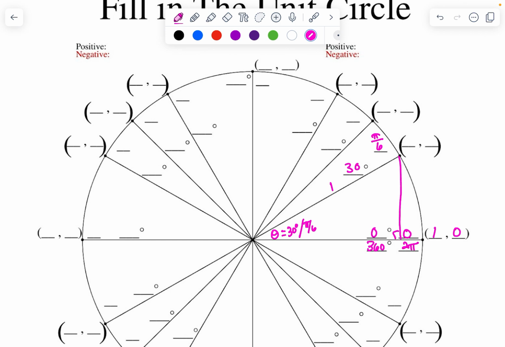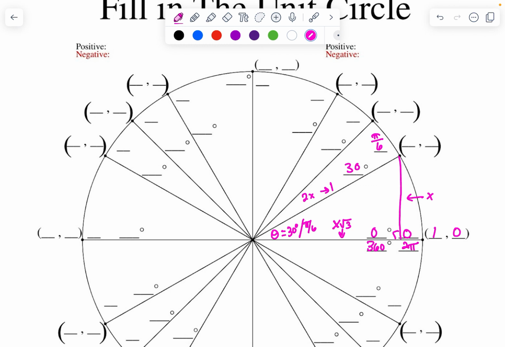And so if we figure out the other side lengths, since it's a 30, 60, 90 right triangle, typically this one would be 1, but it's always x. This would be 2x, and this would be x times the square root of 3 in our 30, 60, 90 right triangle.